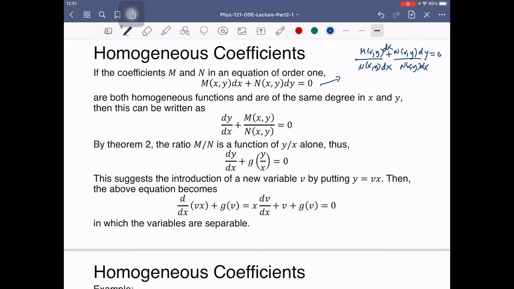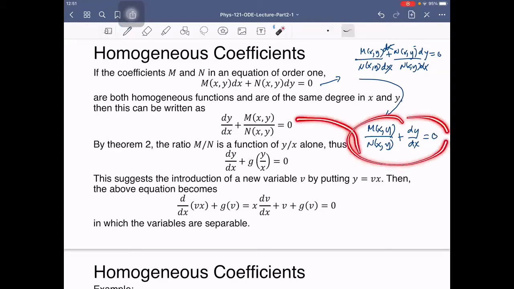So magiging makakancel to, may na lang m of xy over n of xy plus, since dahil pares to na n of xy, cancel yan. So now we have dy over dx is equal to 0. So this is exactly the same as this one.